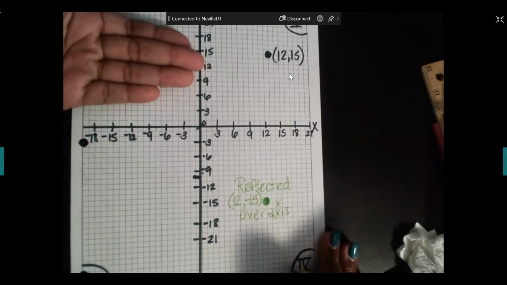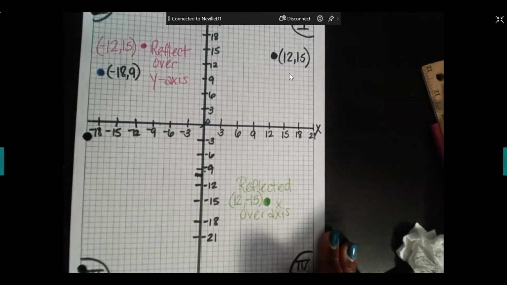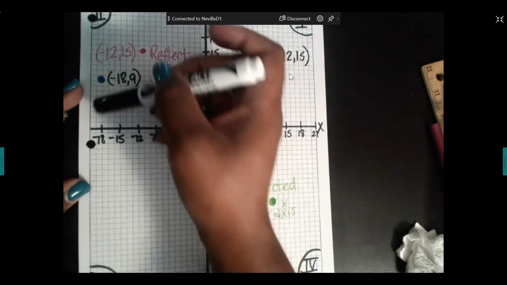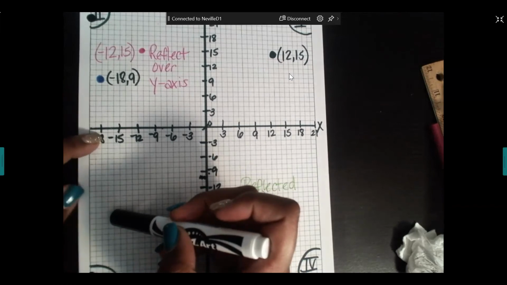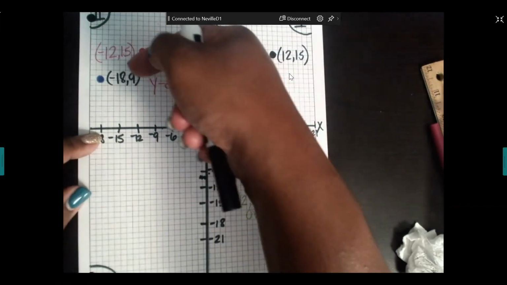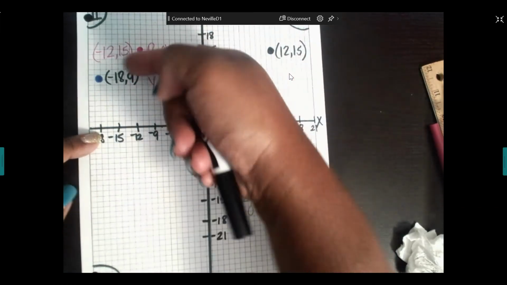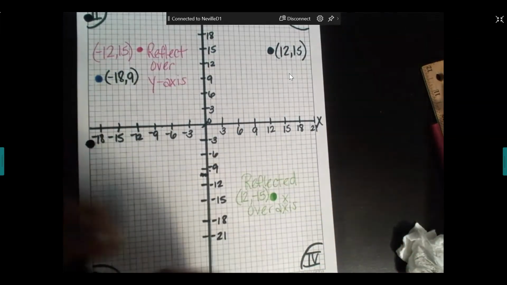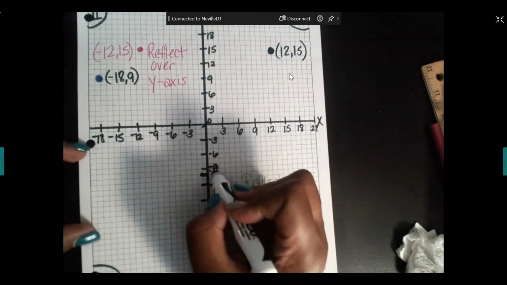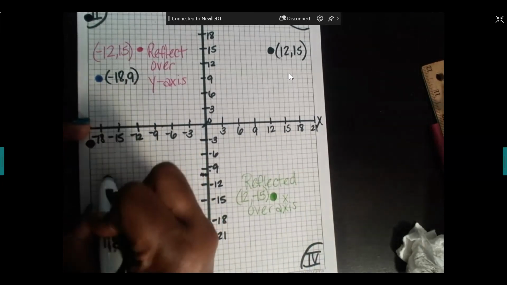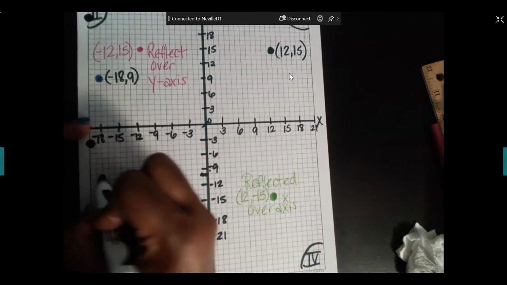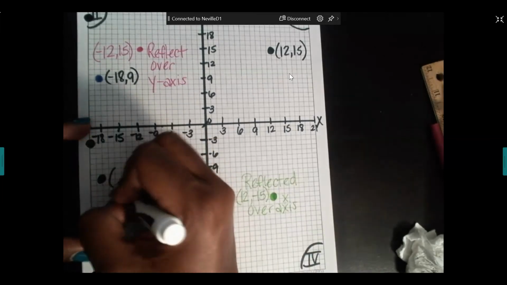So we're flipping over our x-axis here. I'm going to stay at -18, but instead of going up 9, I'm going down 9. So I'm going to find (-18, -9). Was Miss Paisley correct, y'all? She absolutely was.